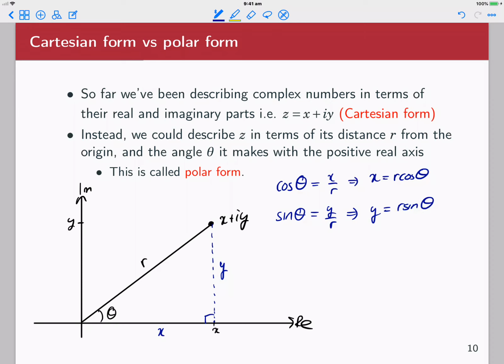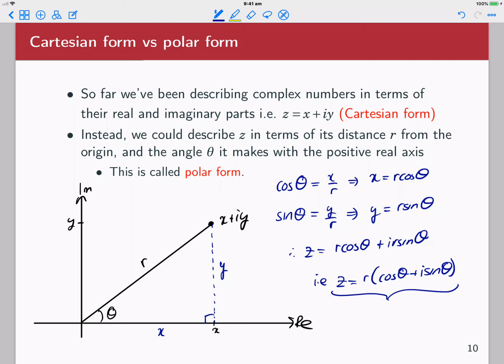So keeping in mind that z is x plus iy, I therefore have that z equals r cos theta plus i r sine theta. Or if I take the common factor of r out, I'm left with r times cos theta plus i sine theta. Okay, this form here that I've just written, this is called polar form.